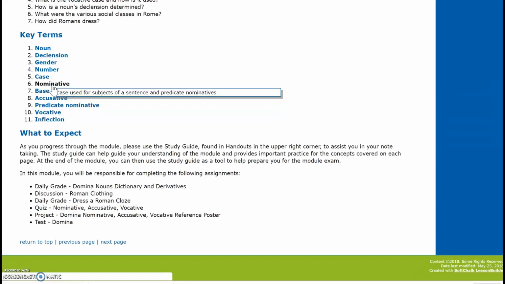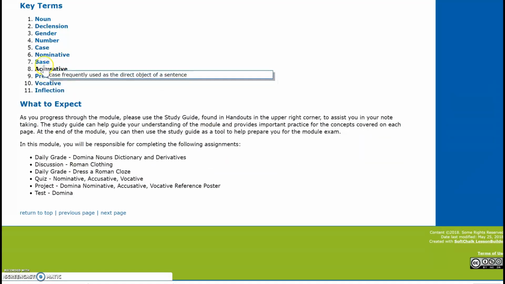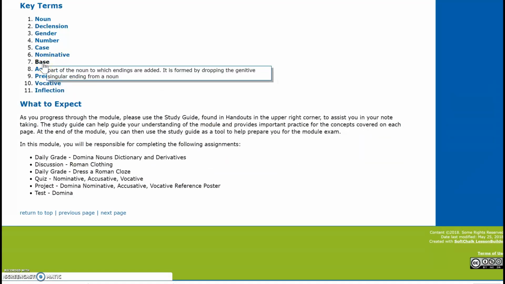That's the noun that comes after a linking verb, like the verb esse that we studied before, the irregular linking verb. The base of the noun is what we try to determine, and it's really what that particular word or noun means. You form it by dropping the ending of the genitive ending from the noun.